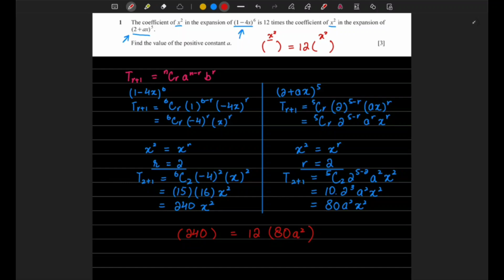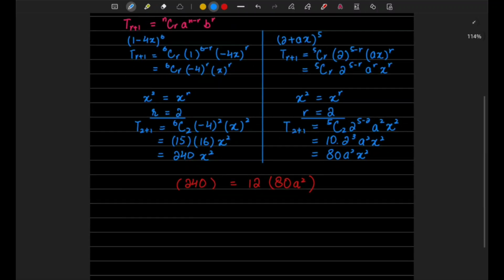Now solving this, it will give you a squared equal to, first let's multiply, 12 times 80 would be 960.